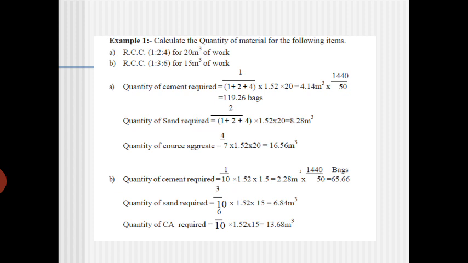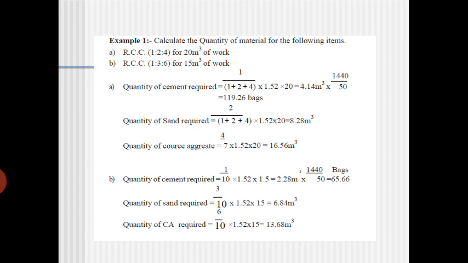In a similar way you have to calculate it for sand. For sand, it is 2 divided by 1 plus 2 plus 4, where 2 is for the sand, multiplied by 1.52 into 20. So in total you get 8.28 meter cube.